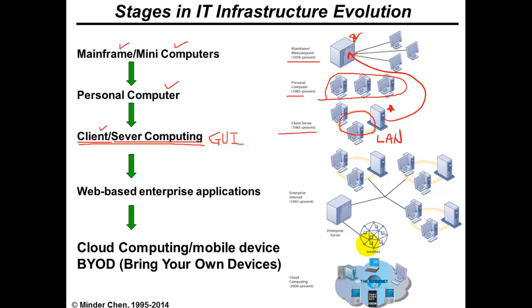So you have the so-called internet connected to your local area network, which may be connected by a campus-wide or enterprise-wide network, going through some kind of gateway router hooked up to the internet.